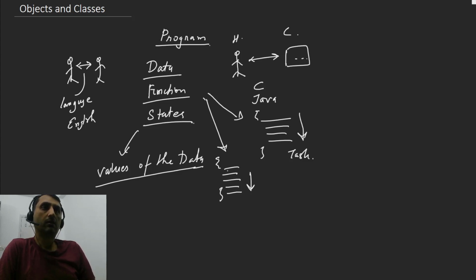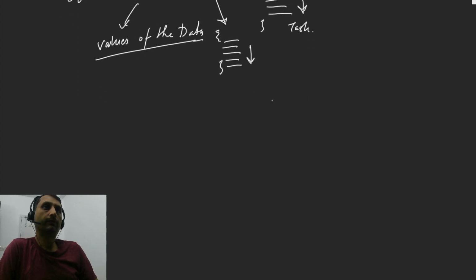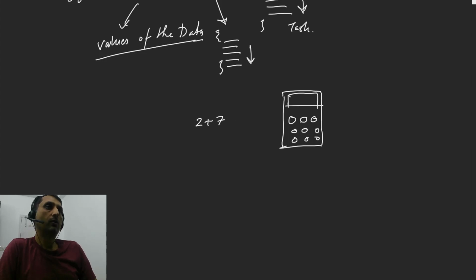A basic program is, say, a calculator. So we have a calculator application on a mobile. There are various buttons in a calculator. We perform certain tasks. Say for example we want to add some numbers, say 2 plus 7. So we enter 2, then we enter 7, and the computer responds with the answer.